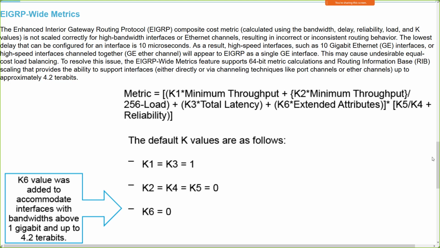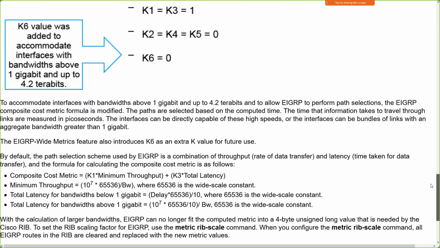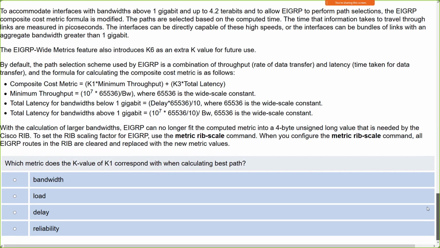I doubt that you would be tested on any wide metric scenarios on the exam, but just know that they've kind of modified the protocol, if you will, to account for these faster speed links. Okay, so I'm not going to spend too much time talking about the actual formula and how it's calculated, but it is different than the original formula.